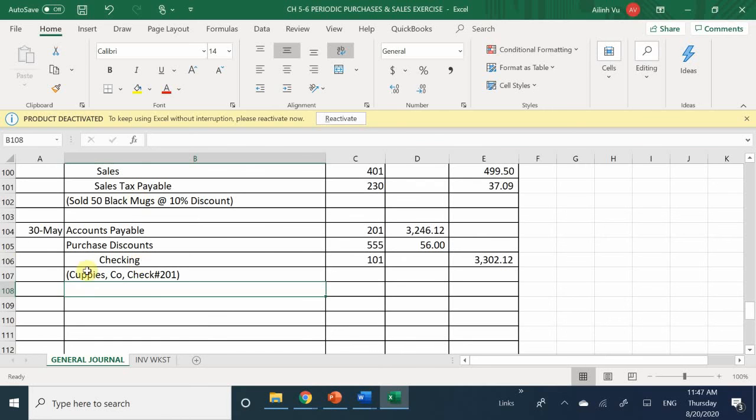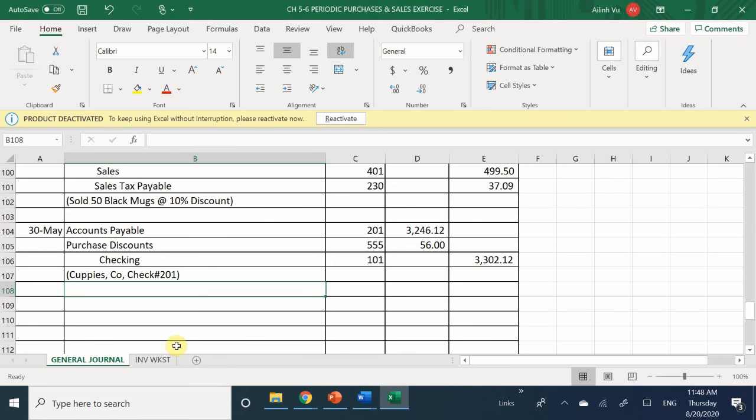Since there's really no purpose to include a bunch of other accounts, you don't have to do it one at a time. You can pay one at a time if you choose to do so. But in this case, I want to see how complex we can go. So I said, you know what, let's just pay all of it at once.